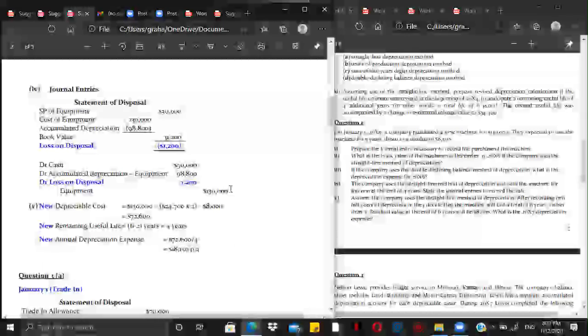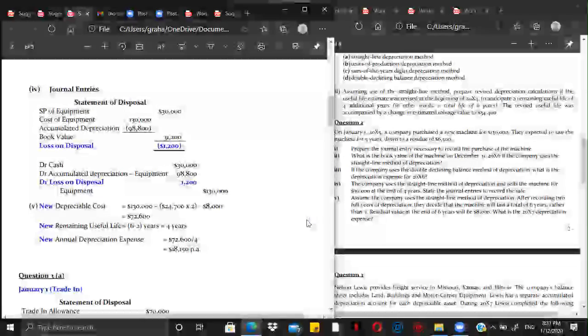And then you're going to subtract the new salvage value from that. So the depreciable cost would be 192,000 instead of the 26,000 that was there.